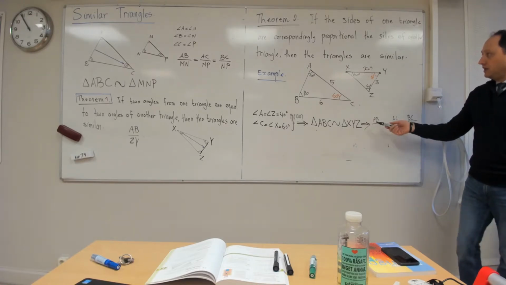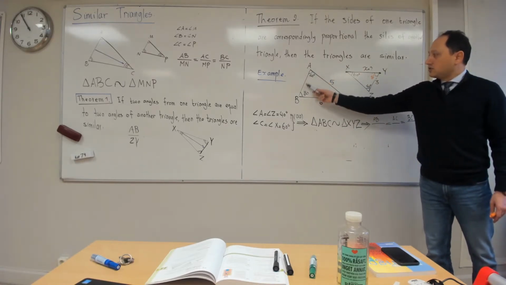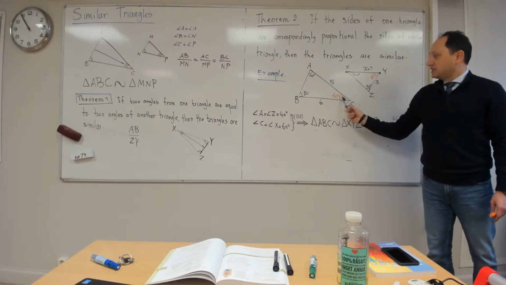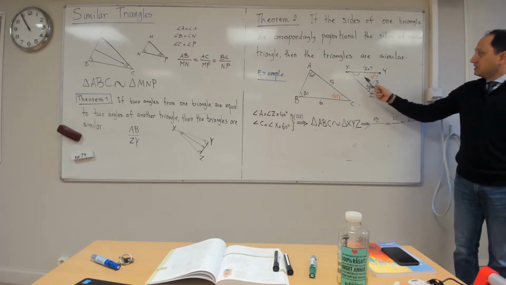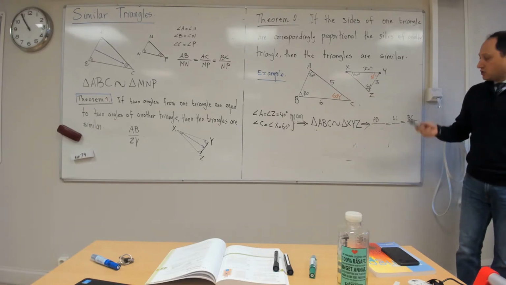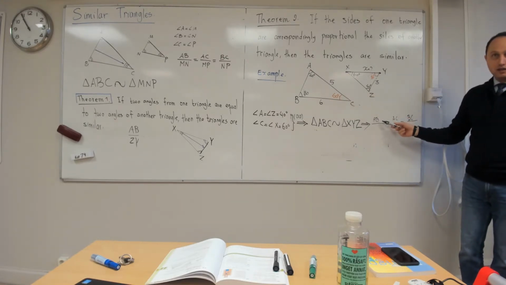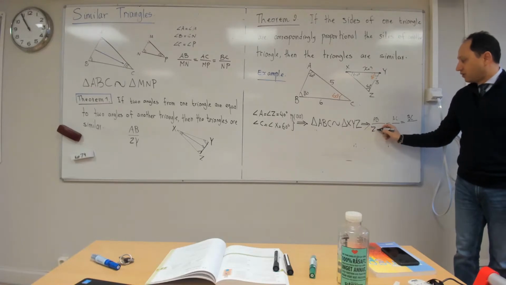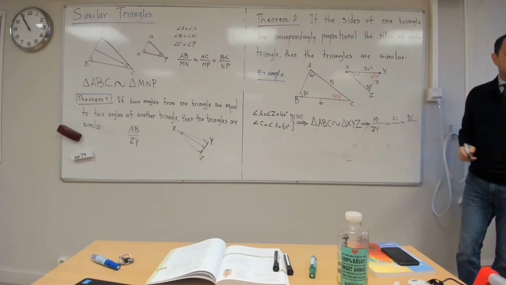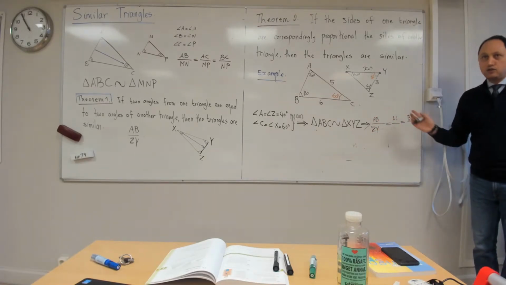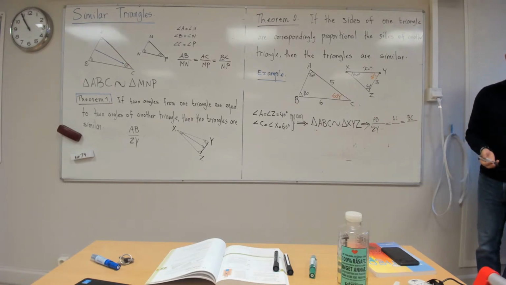So AB from this triangle is opposite to 60 degrees. So 60 degrees is this one, so opposite to that is ZY. So if you write AB here, you have to write ZY here, nothing else. This is the only thing that you need to care about, and everything becomes clear.